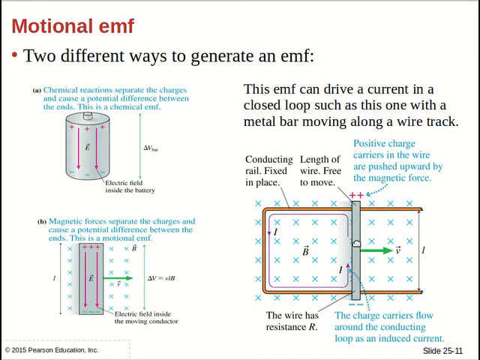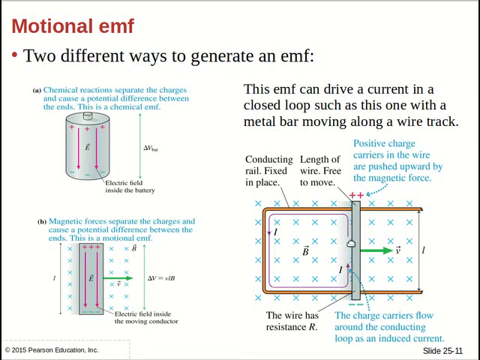So, as the bar is moved along the track, the positive and negative charges are going to separate to the two ends of the bar, but this time they're not going to stop. They're actually going to generate a current which moves in the counterclockwise direction as shown around this loop.